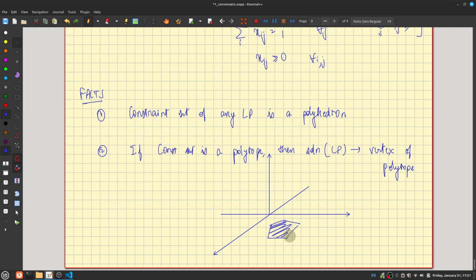So this is basically my constraint set. Now the objective function is a linear function. So there is some direction along which the function value keeps increasing, right? With the gradient. So basically I can look in the direction of the gradient. What is the gradient going to be at any point?